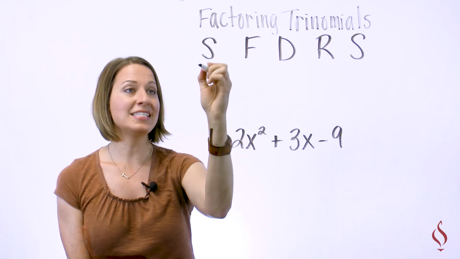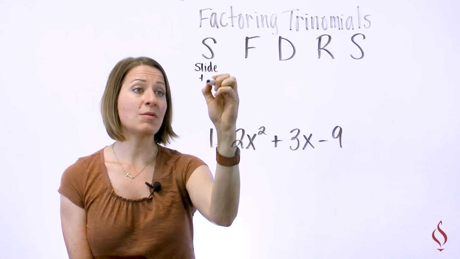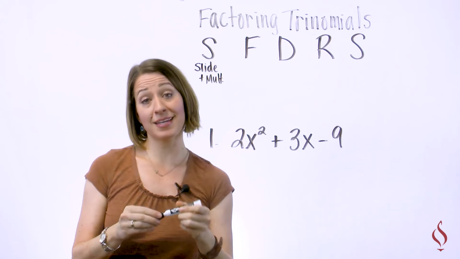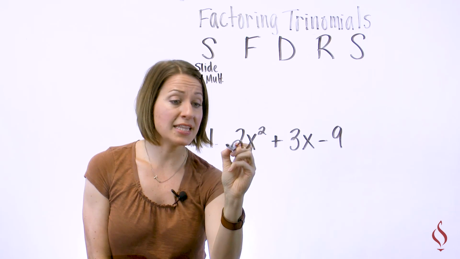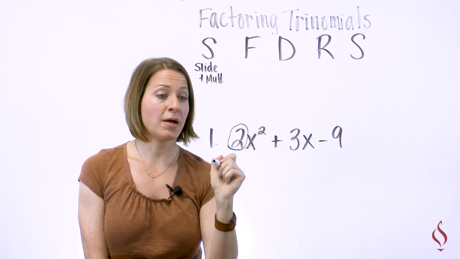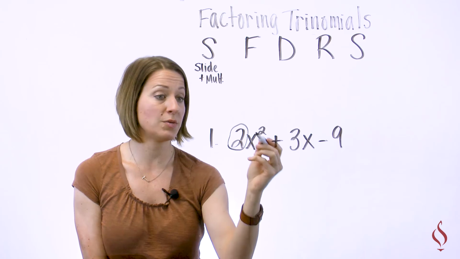The S stands for slide and multiply. There wasn't really an M, so we just put those together. What we're going to do is take this leading coefficient. This is the number that makes this factoring problem a little harder than what we've done before.